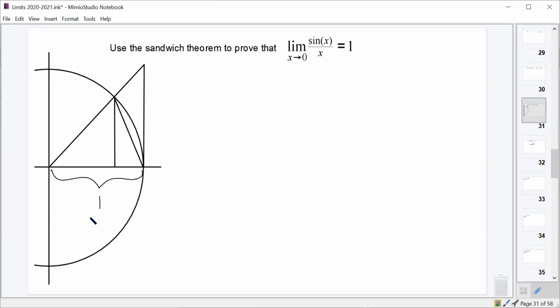This diagonal right here also equals 1. Also equal 1.